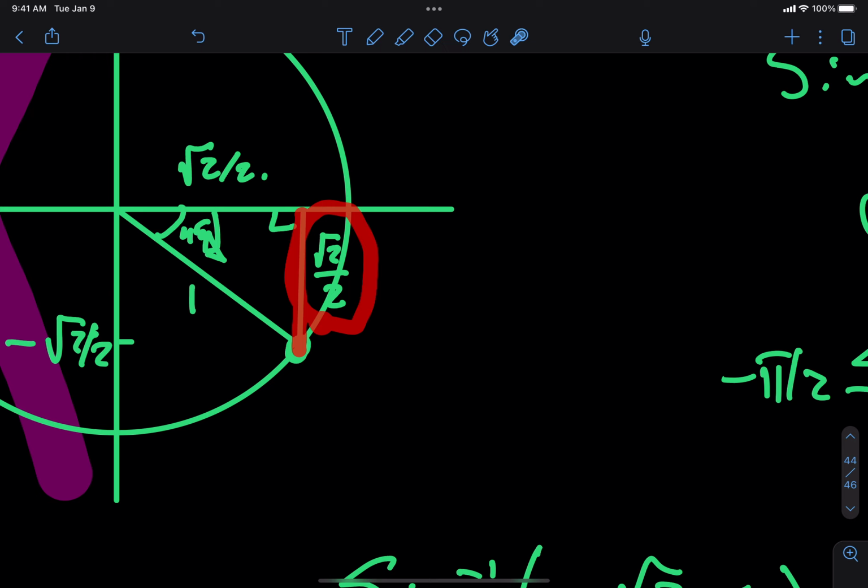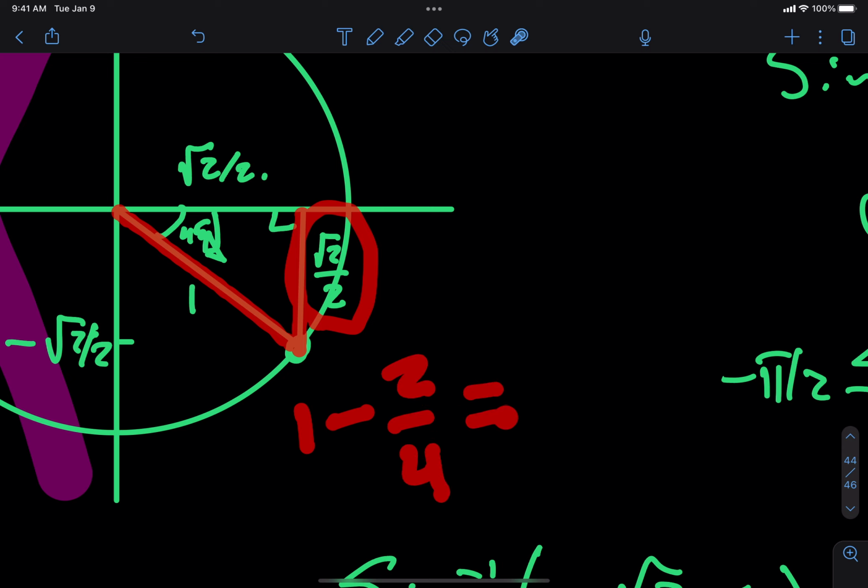So we also know that this length is 1. So I know that 1 minus 2 over 4 is going to be equal to x squared.